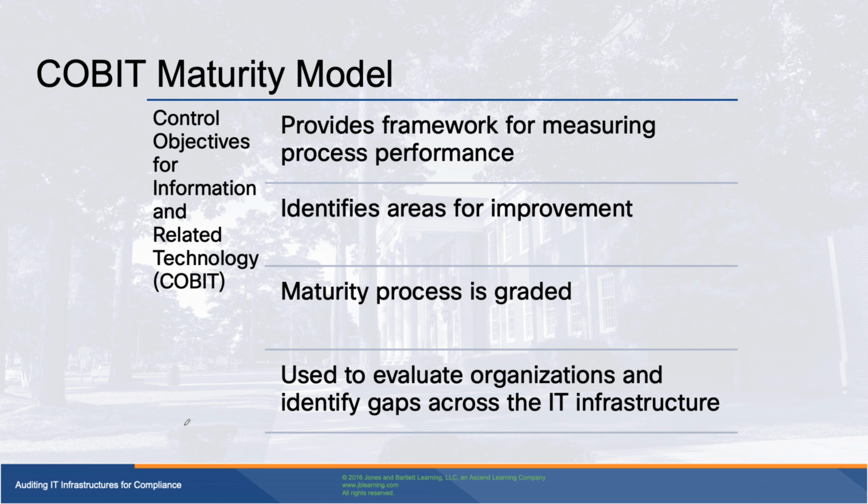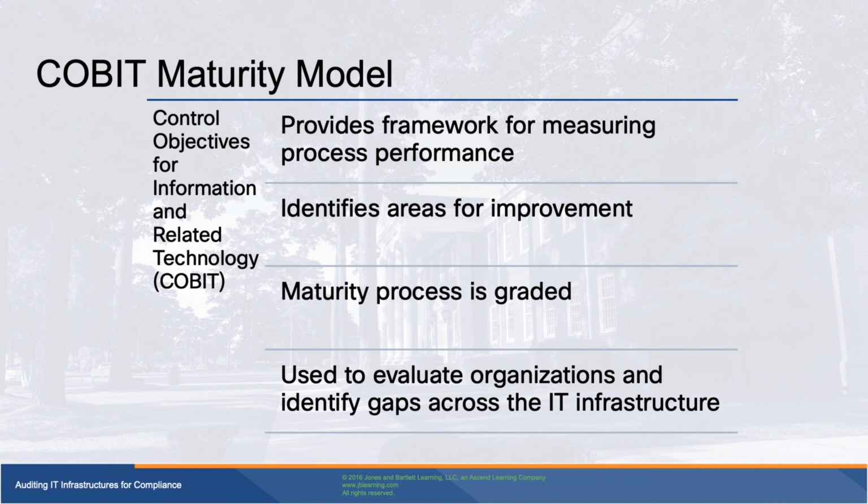So we typically assign different levels to the maturity process. We're going to say whether a fix has been implemented. If it hasn't at all, then it's going to be given a maturity score of 0.